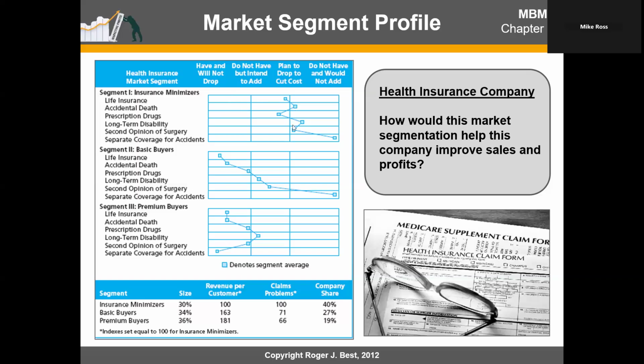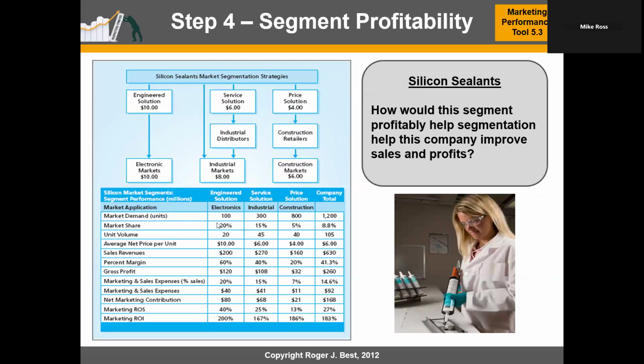I think this is often called a snake diagram. It's a great visual to be able to say these people, this segment is very different than this segment, very different than this segment. Okay. From a profitability standpoint, completely different industry.